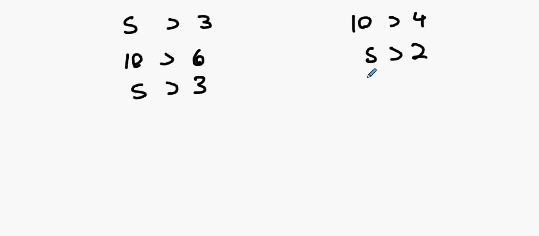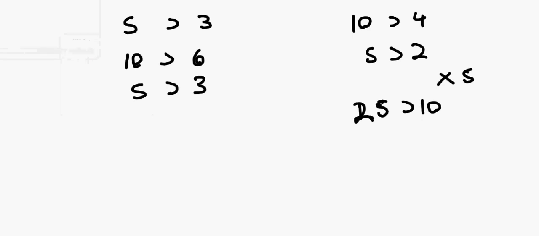You can multiply both sides by 5 and say, look, 25 is bigger than 10. So what I'm trying to say is that if the left side is bigger than the right side and you multiply or divide by any positive number, everything's still okay. The left side will still be bigger than the right-hand side. Is everybody cool with that? Any questions so far?